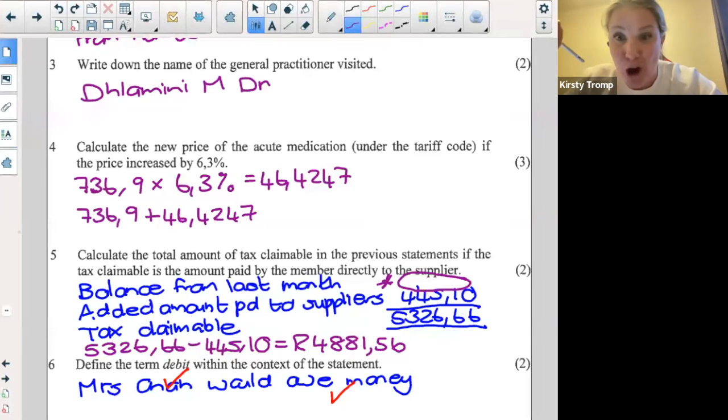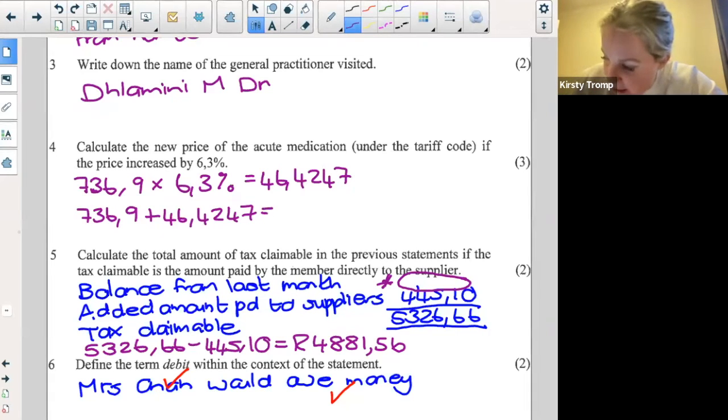So I hope for those of you who have cars that you've gone and put petrol in, because petrol's increasing, guys. Okay, so they say the petrol price will increase by 20 cents a liter or 10 cents a liter. It means that they're taking whatever it is now, the ridiculous price of 21 Rand, 10 cents, I don't even know, and they'll make it like 21 Rand and 20 cents. So you're increasing it by that. You need to add it to the original amount.